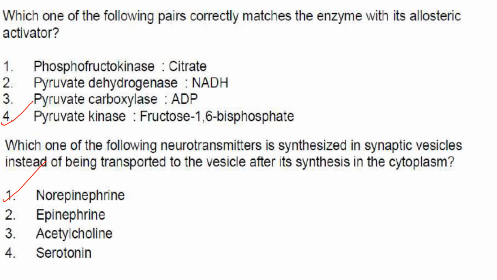So norepinephrine, it is released in time of stress, that is flight and fight response. Then norepinephrine, it is part of the sympathetic nervous system. So how is norepinephrine made? It is made from tyrosine. Tyrosine is converted to DOPA by tyrosine hydroxylase. Then DOPA by the action of decarboxylase produces dopamine.